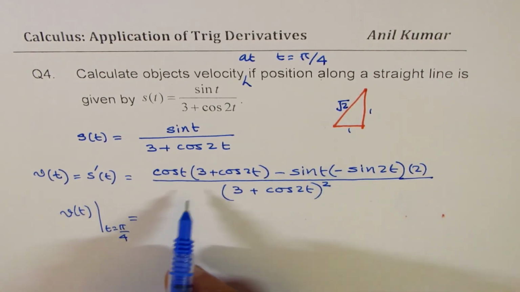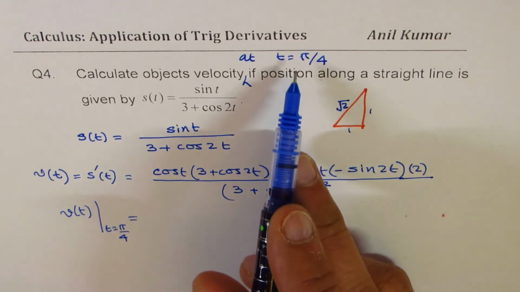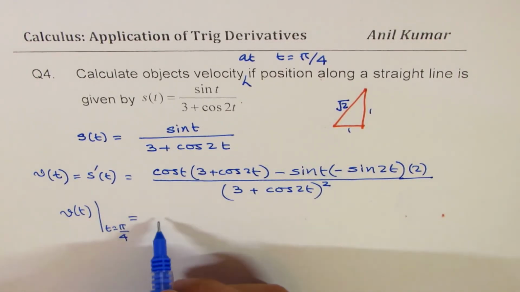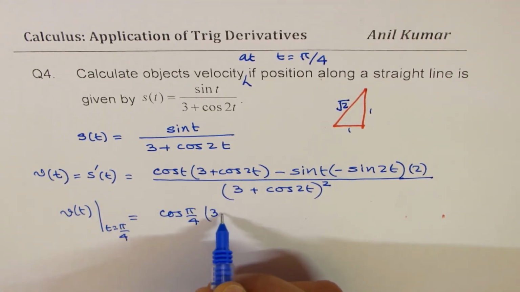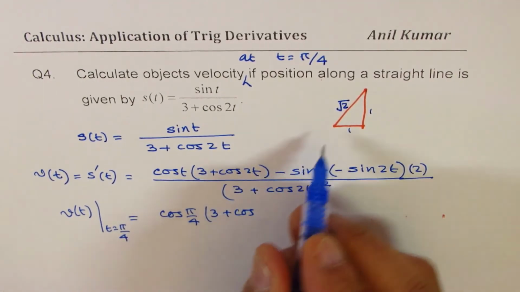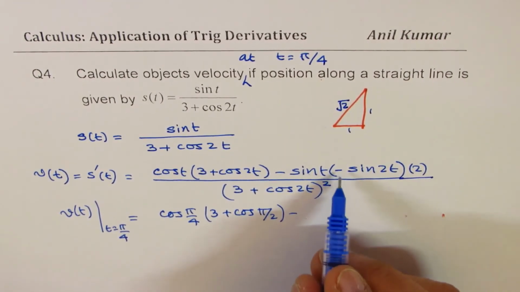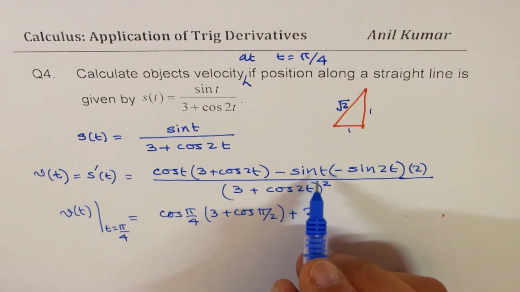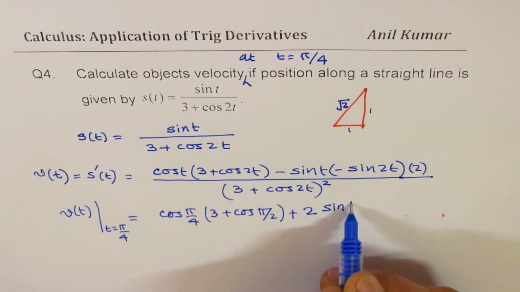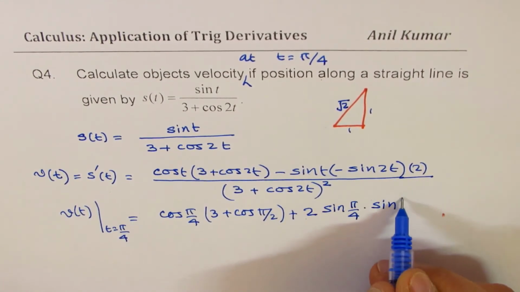So we have cos of pi by 4 times 3 plus cos of 2 times pi by 4, which means pi by 2. Minus and minus becomes positive, 2 we write here. Then we have sine pi by 4 times sine pi by 2.